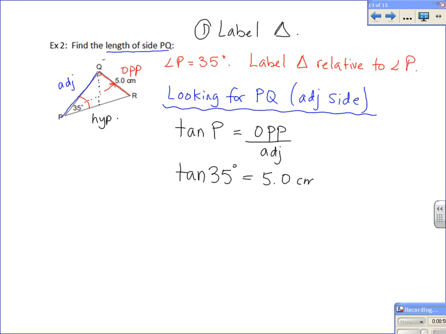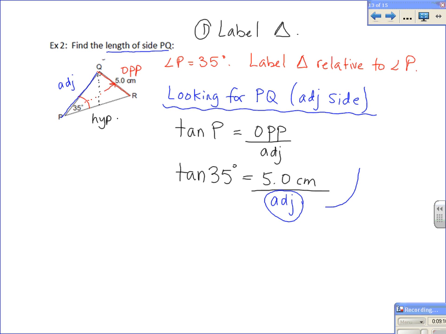So I go back to my triangle and I see what I know. If I have a value, I'm going to put it into the formula. And anything that I don't have, I'm just going to leave. So the thing that I don't have is adjacent, so I'll just leave it as adjacent. But this is what I'm solving for.